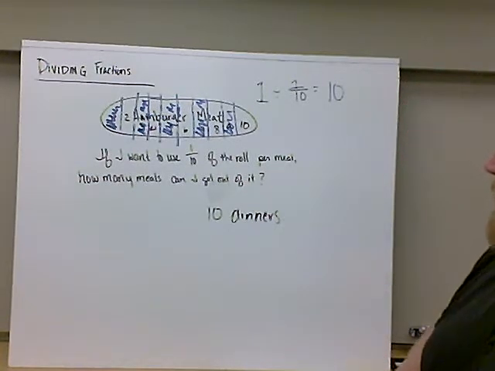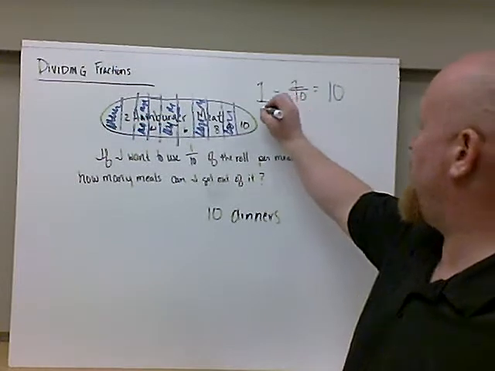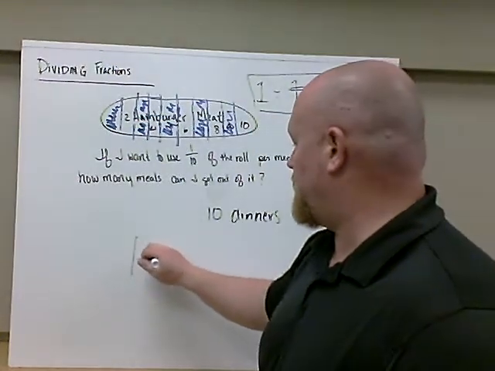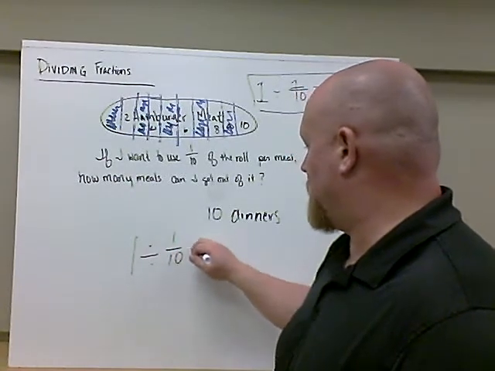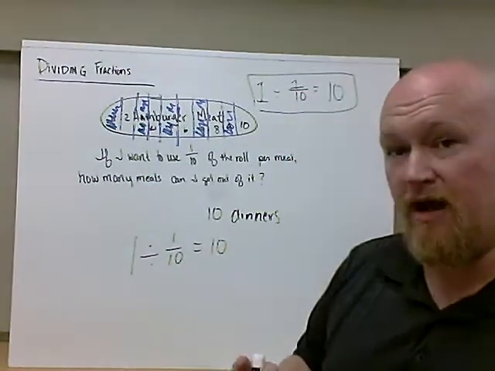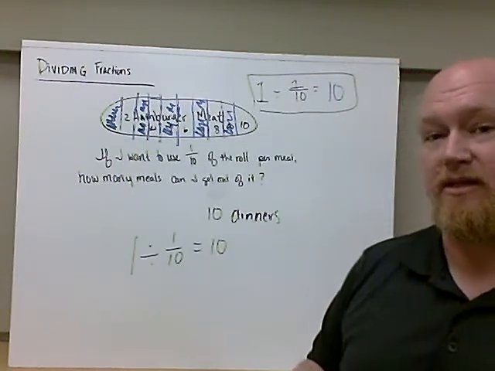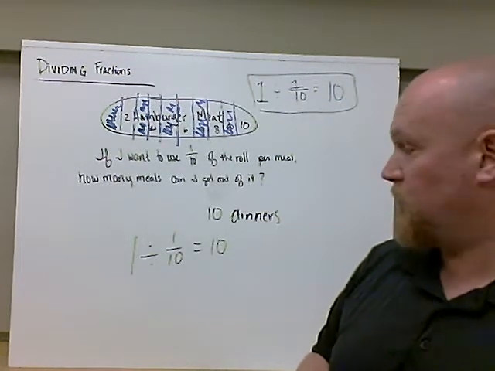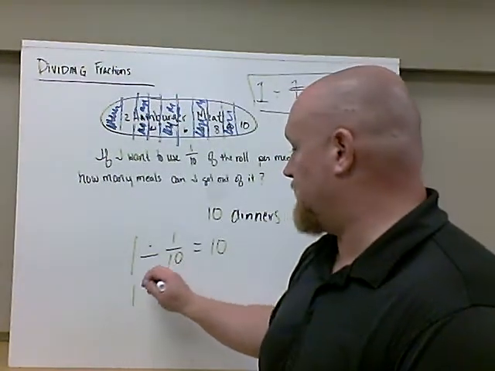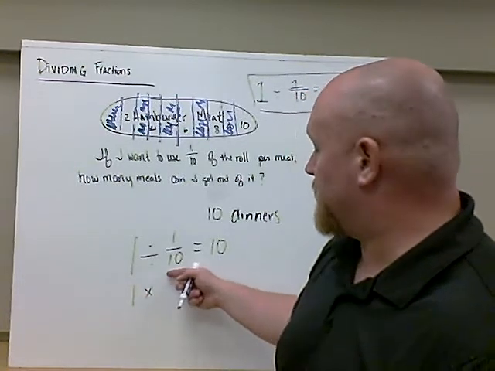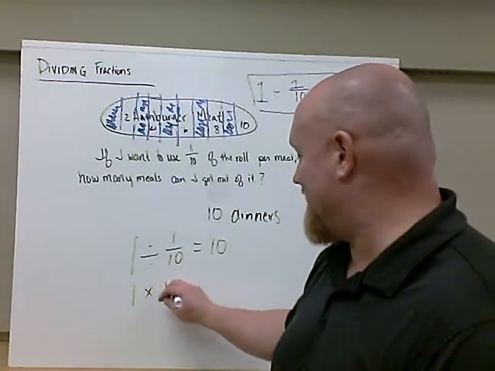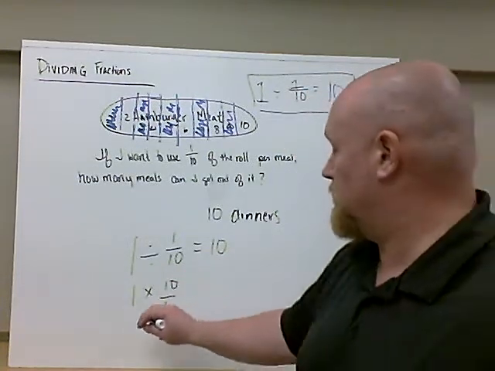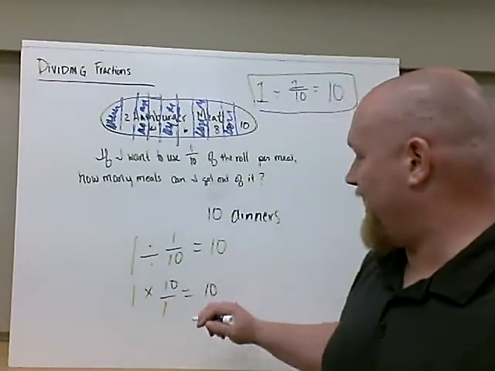Now on the math end of that, I'm going to come back to the equation that we wrote. 1 divided by 1/10 equals 10. But now if I want to calculate it, the relationship that exists is we take the inverse of the number and we take the inverse of the operation. So the inverse of division is multiplication. The reciprocal of 1/10 is 10 over 1, which is just 10. And that equals 10.